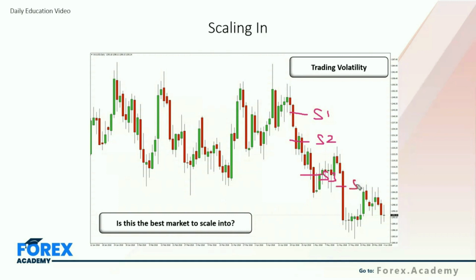Again here at S4. That would be a good trade, of course, but we do need to be aware of these pullbacks and look to mitigate risk just so the market doesn't pull back too much, because effectively we can gain too much exposure on one particular trade, and that volatility can really cause us adverse effects in terms of our account and can cause grave losses if we don't, of course, mitigate that risk.